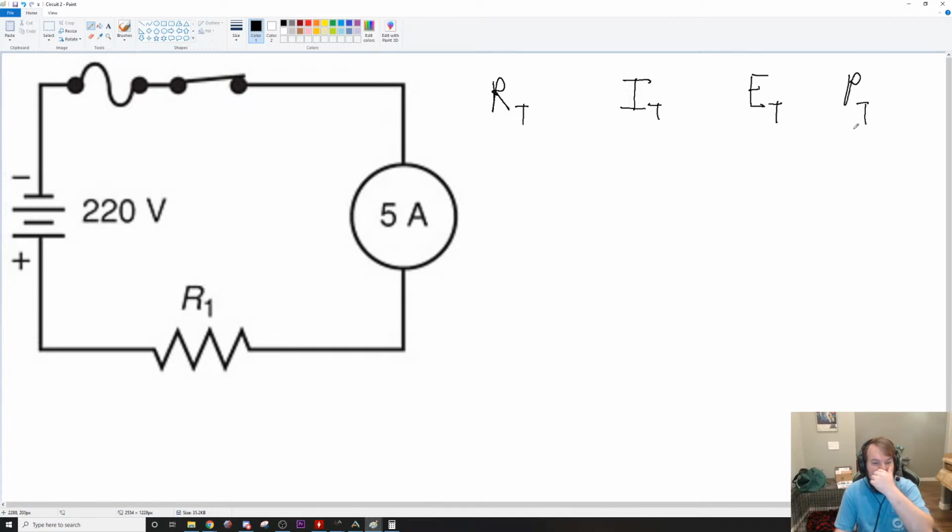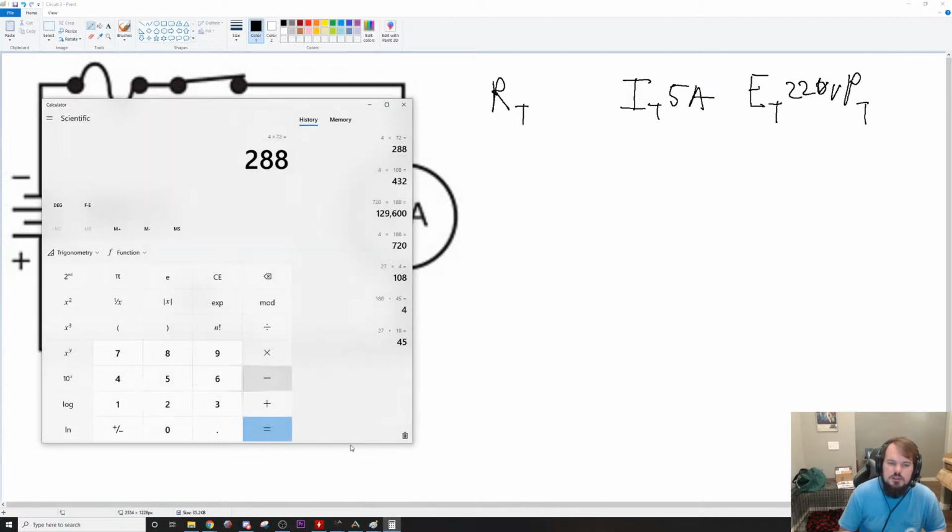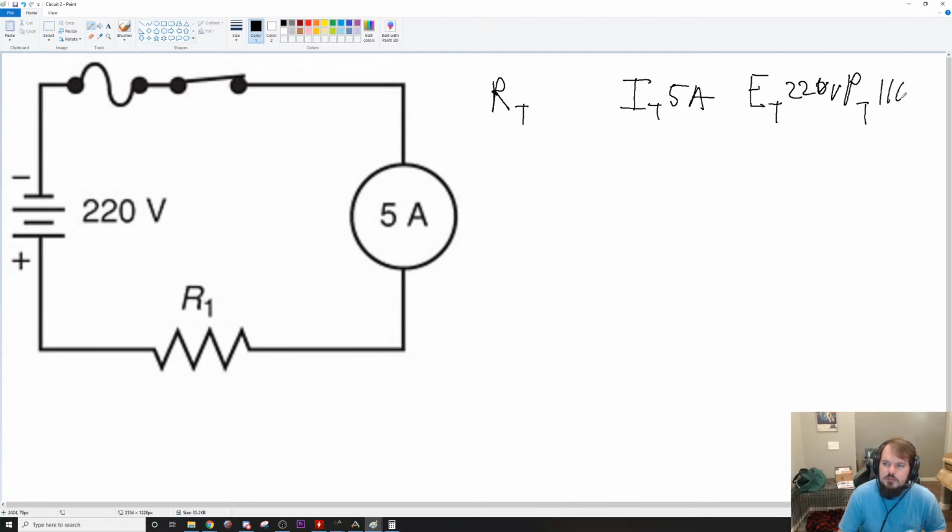I don't remember what the question was asking, but we have 5 amps and 220 volts. So 5 times 220, 1100 watts.